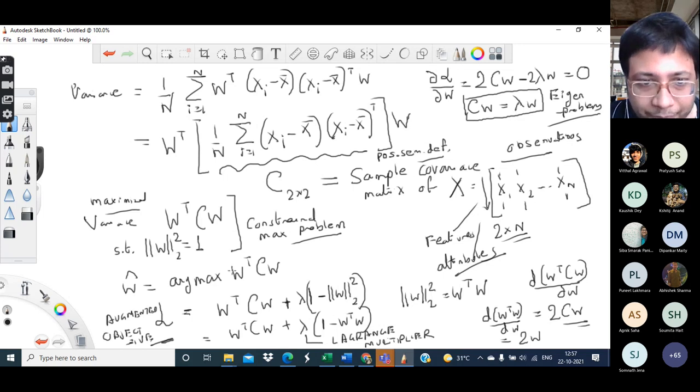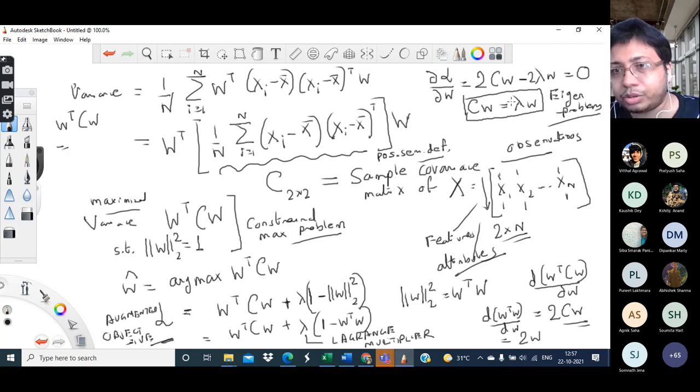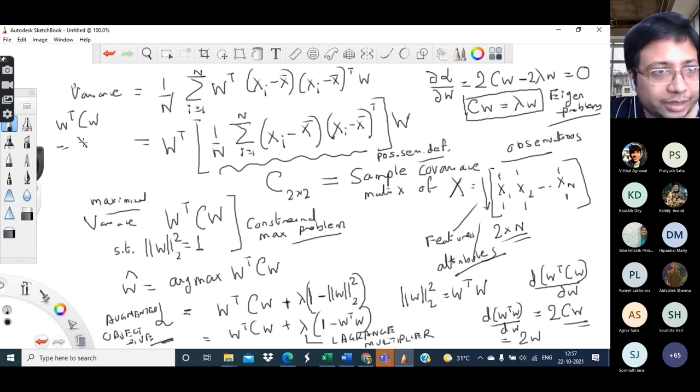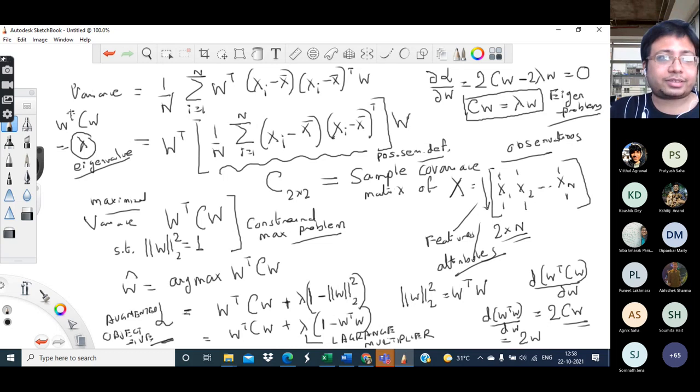Note that what I am really interested in is the variance, which is W transpose CW, right? And now what is W transpose C W? If I multiply both sides by W transpose, then what I will get is nothing but lambda itself. So lambda, the eigenvalue, is the variance. But what do I want the variance to be? I want the variance to be as high as possible.